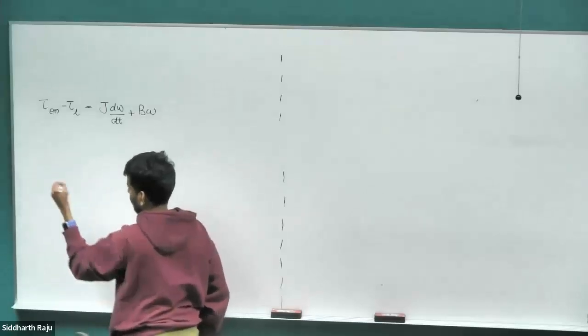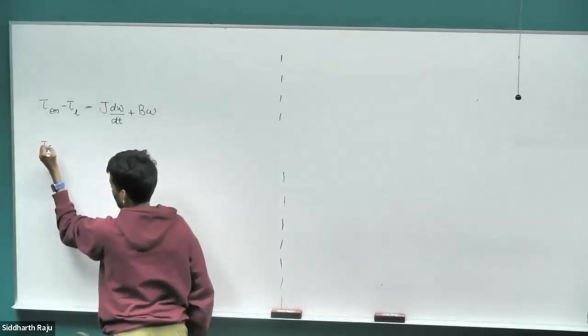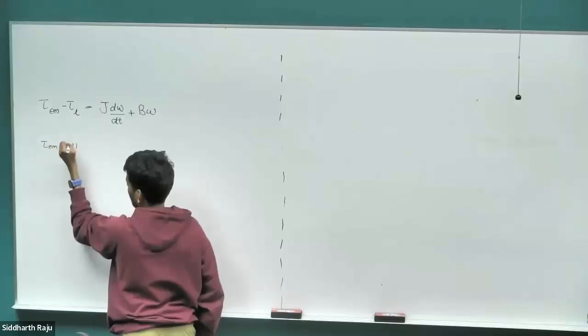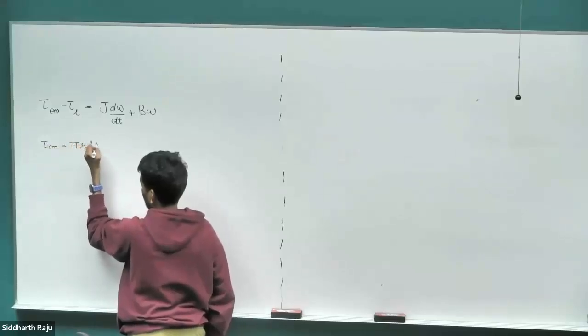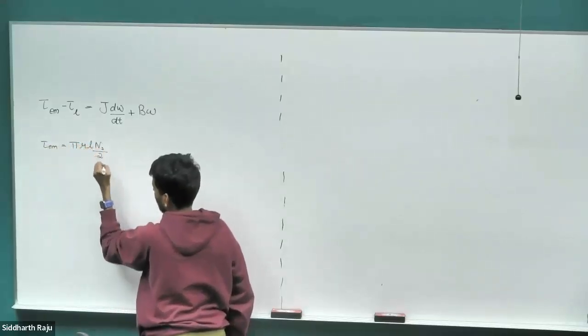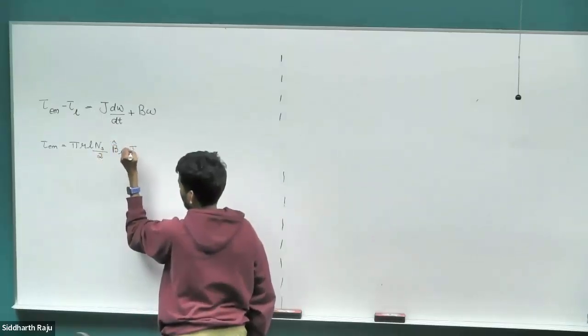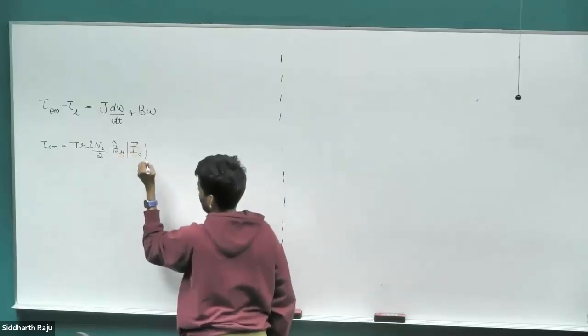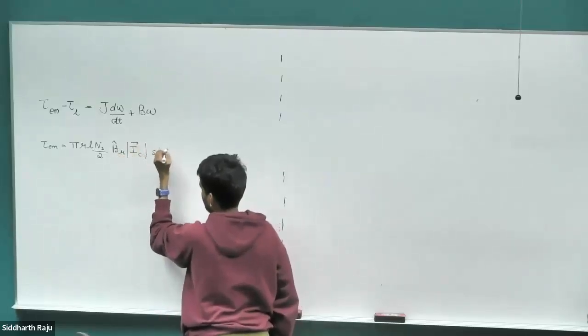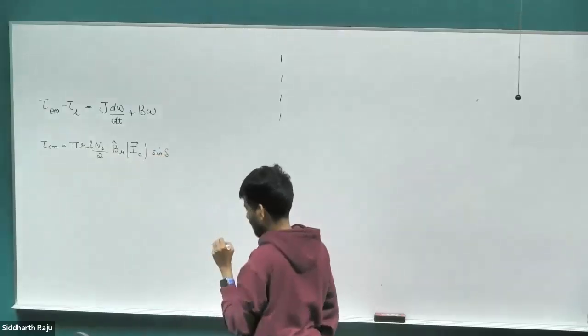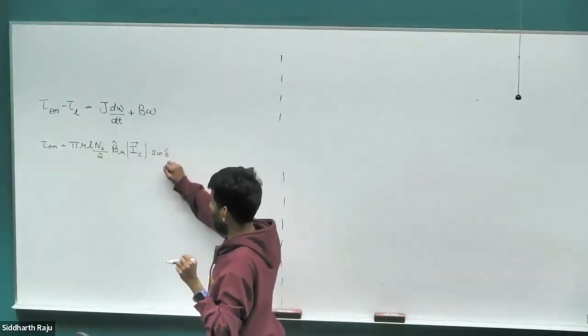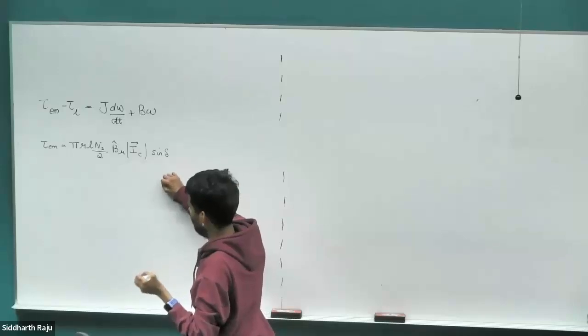We have an expression for electromagnetic torque. Tau em is pi times r times l times Ns divided by 2 times the rotor magnetic field space vector times the current in the coil times sine of delta. Now finding out the sign of the delta term is unnecessary.